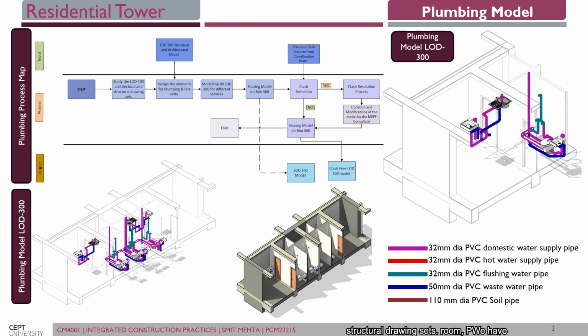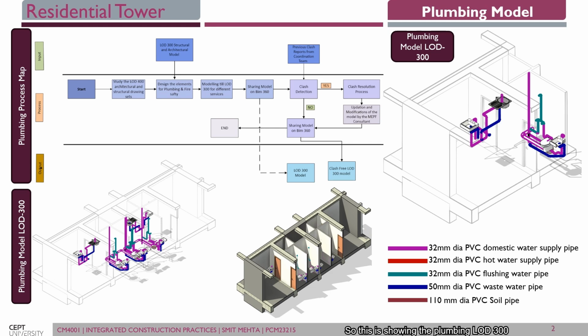After getting the structural drawing sets, we took the input of the LOD 300 structure and architectural model, designed elements for plumbing and fire safety, modeled till LOD 300 for the different services, and shared the model on BIM 360, then did clash detection. If any clashes were found, we did the clash resolution process and updation and modification by MEPF consultant roles, shared the model with BIM 360, and the previous clash detection reports were also checked for coordination. After ending the process, we got the clash free LOD 300 model.